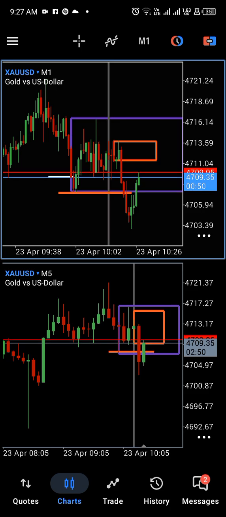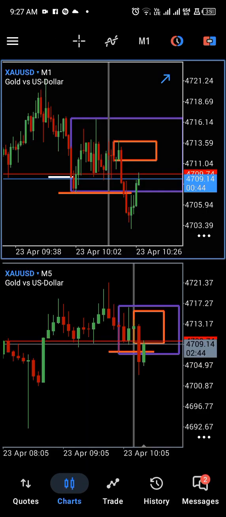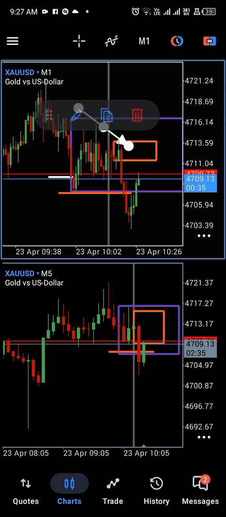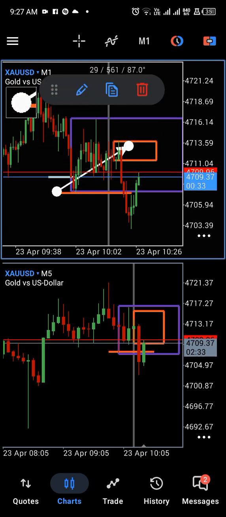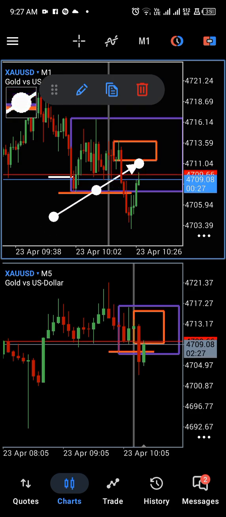So I can see we are having a pullback. If we just get a confirmation in this, let me mark it and show you what I'm looking for. Since everything is bearish on the 1 minute and 5 minute time frames, I like the pullback. I want to see this fair value gap getting filled, and then I want to see an inverted hammer here.